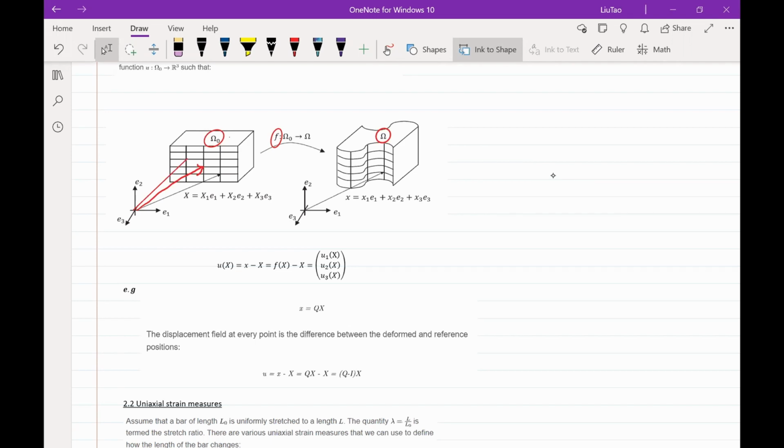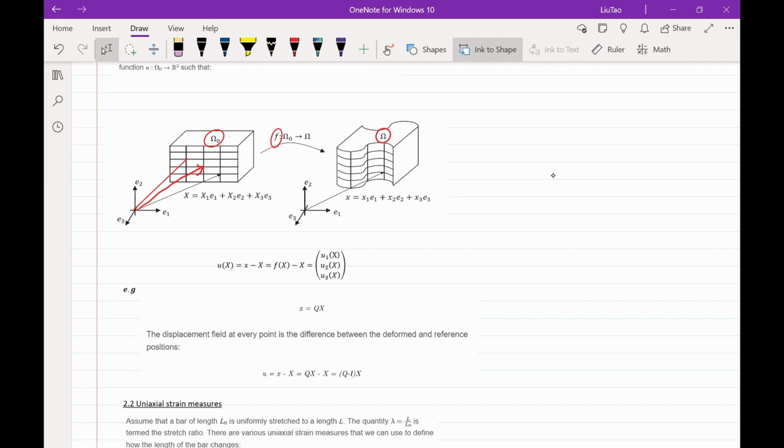In most applications, we add a third restriction of being smooth or differentiable on the possible choices for f. This ensures that straight lines on the reference configuration deform into smooth curves in the deformed configuration.